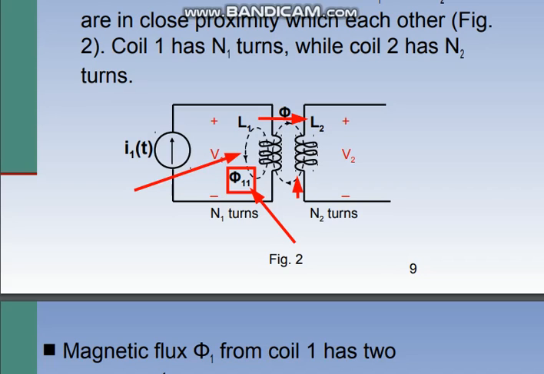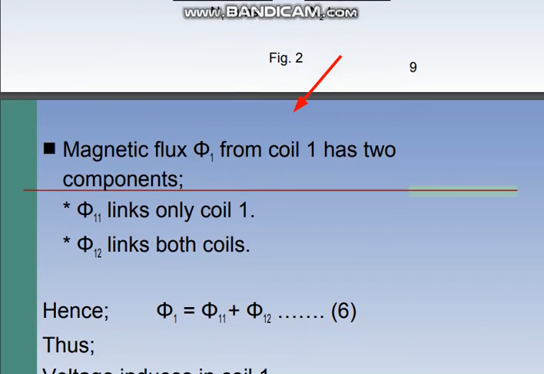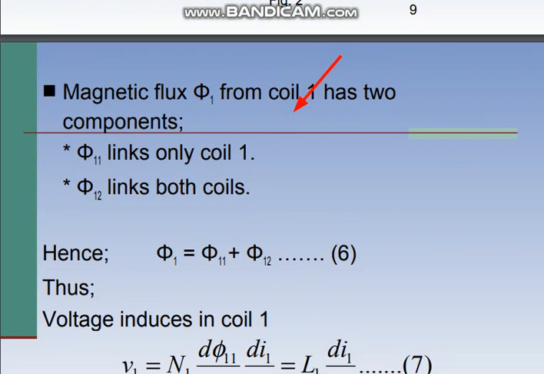This mutual flux is denoted by phi 12, meaning it is caused by coil 1 and links to coil 2. So we can proceed from there to understand self inductance. This phi 12, caused from 1 to 2, is known as the mutual flux that has been induced here. Now you can see phi 11 links only coil 1.